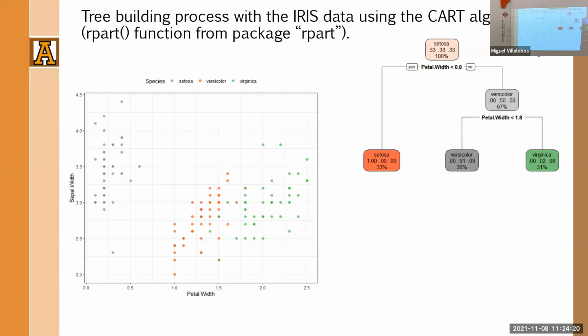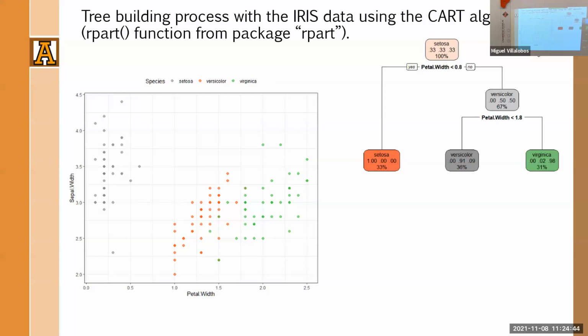It looks a little bit nicer than the other tree that we just saw. And it tells me, for example, if you look at the first node, Setosa, it has 33, 33, 33, because I have 33% of Virginica, 33% of Versicolor, 33% of Setosa.